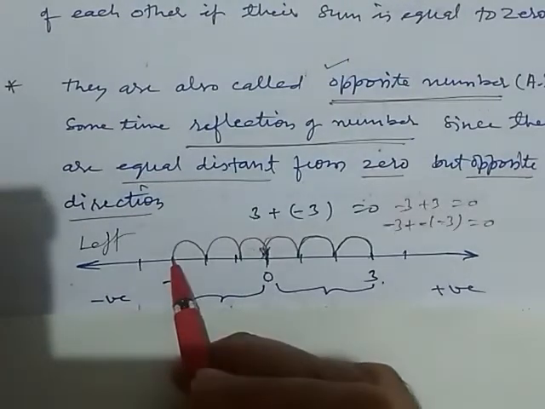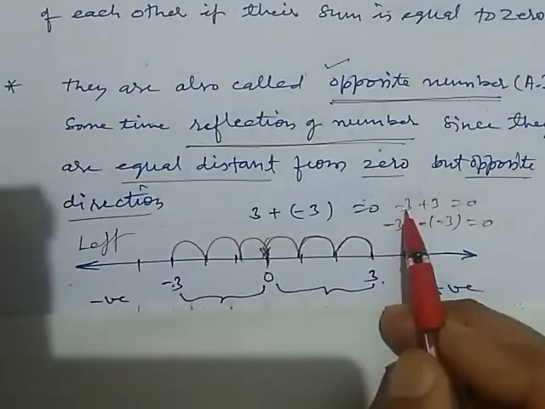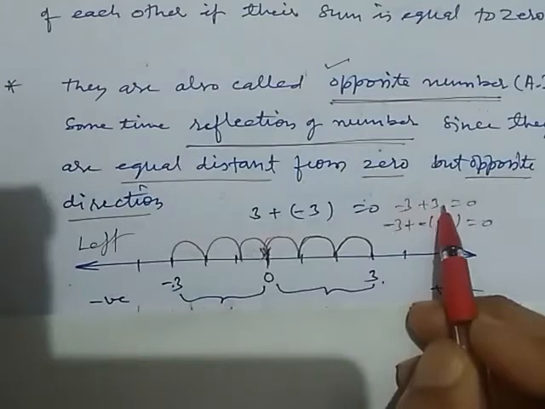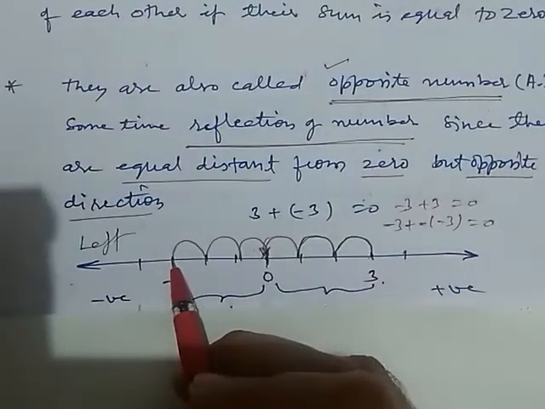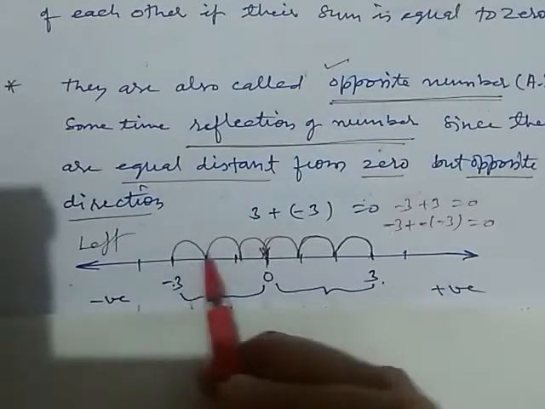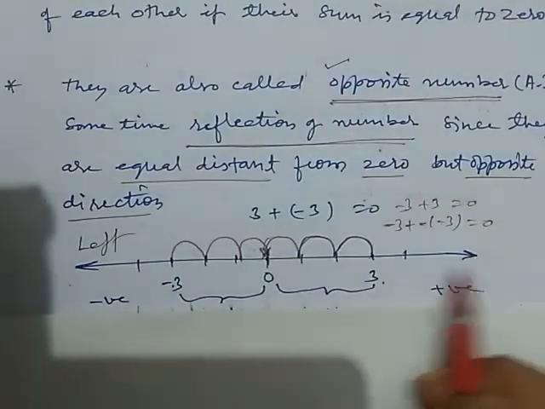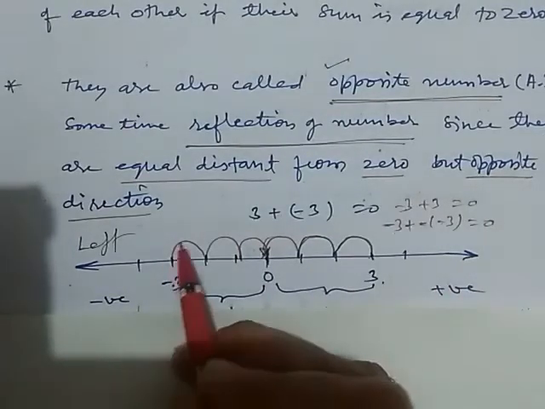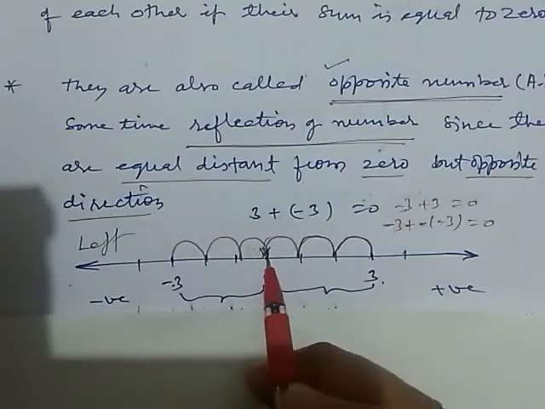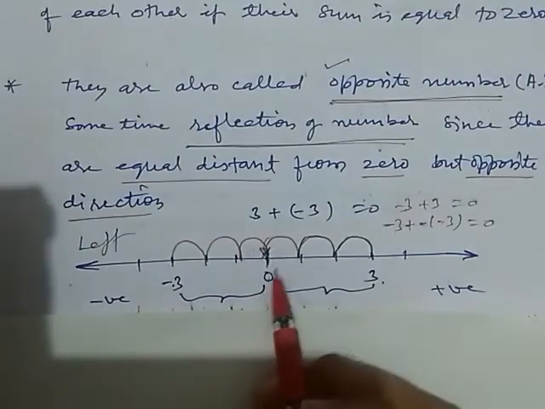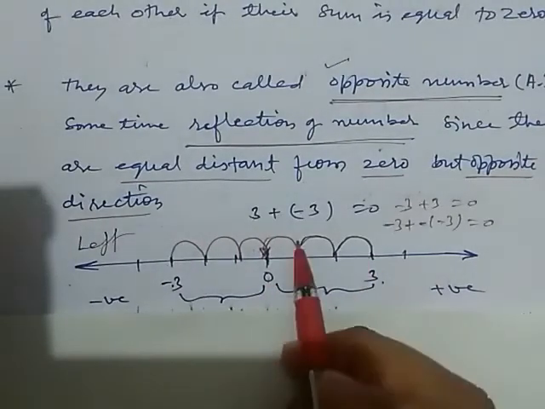This is minus 3 and we start adding plus 3. Plus means this positive direction. So we start 1, 2 and 3. We get 0.